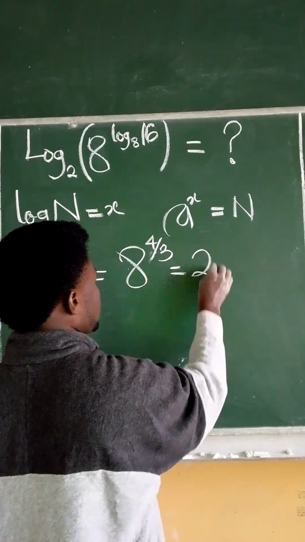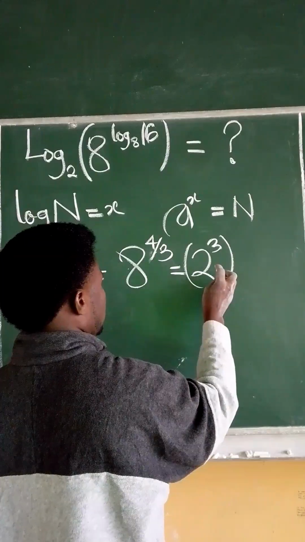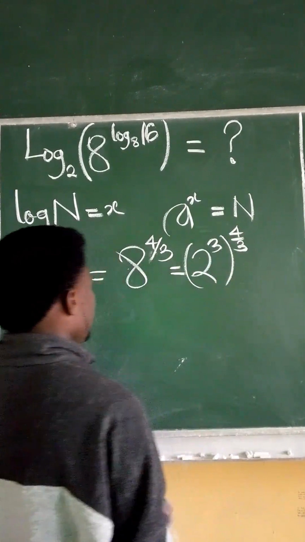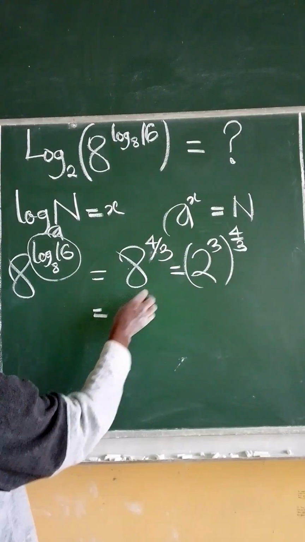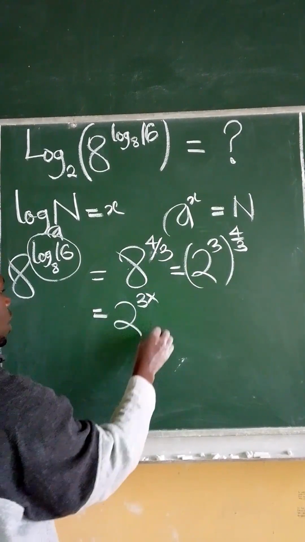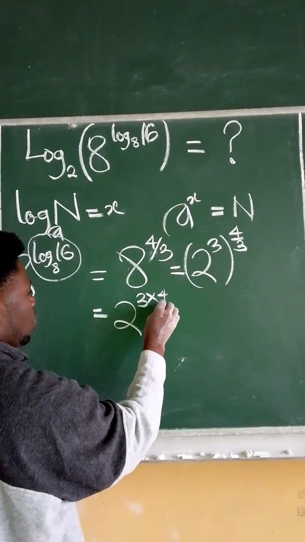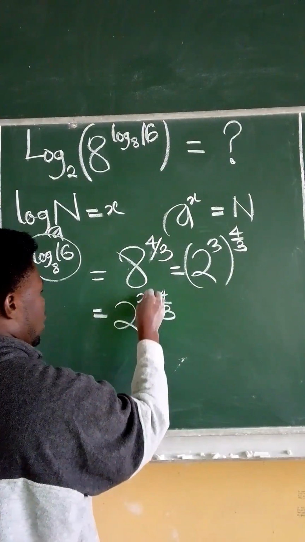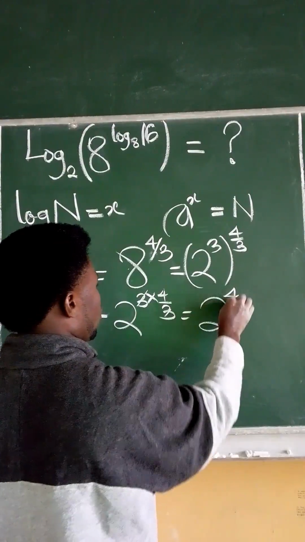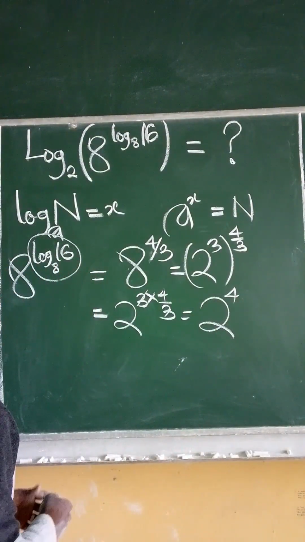So we have 2 raised power of 3 raised power of 4 over 3. This is equal to 2 raised power of 3 times 4 over 3. 3 cancels 3, so we are left with 2 raised power of 4.